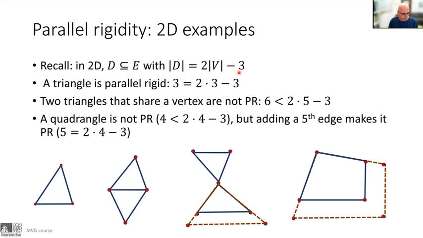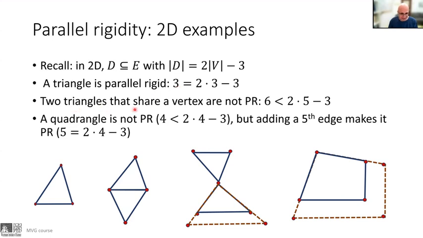In the last example, we need 5. Let's see the examples one by one. A triangle is parallel rigid. Simply, you see that 2 times 3 minus 3 is 3. At least the first part of the theorem is satisfied, and you can verify the second part.